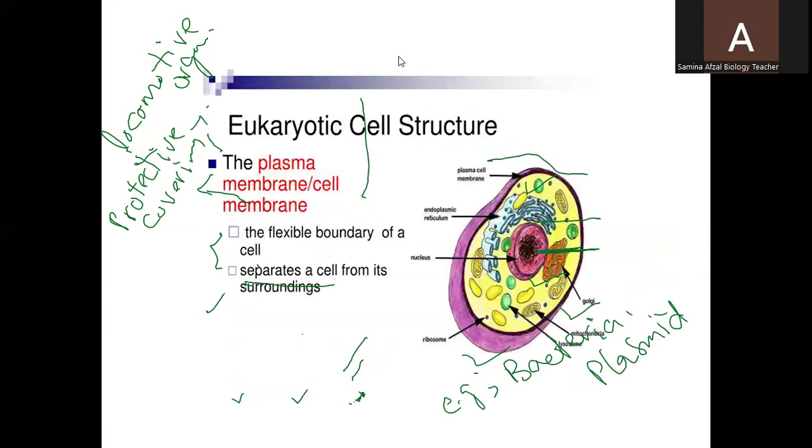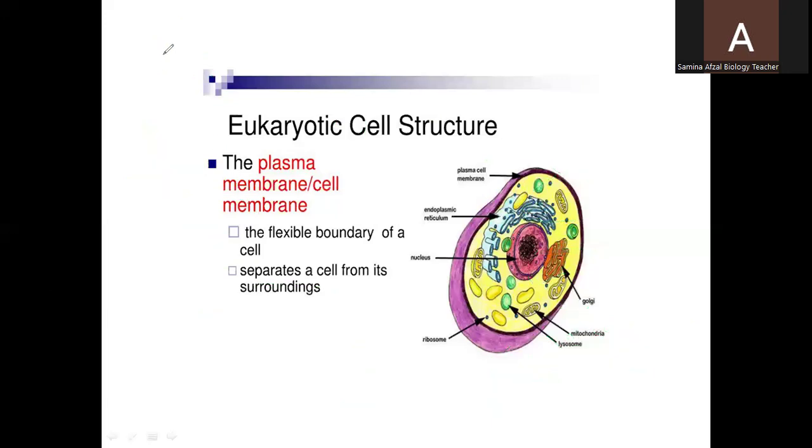Now the second type of cells which we are going to discuss are the eukaryotic cells. So eukaryotic cells have a proper membrane bound nucleus. A proper nucleus is there.